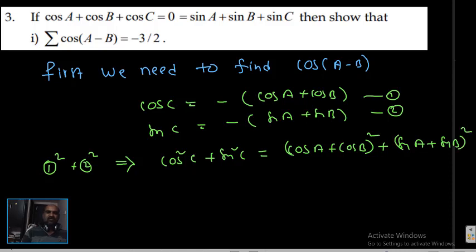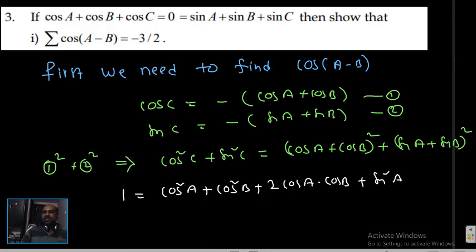Now I want to simplify this. Cos square c plus sin square c, which is 1, equals (a plus b) whole square. I want to split that: cos square a plus cos square b plus 2 cos a cos b, plus sin square a plus sin square b plus 2 sin a sin b.